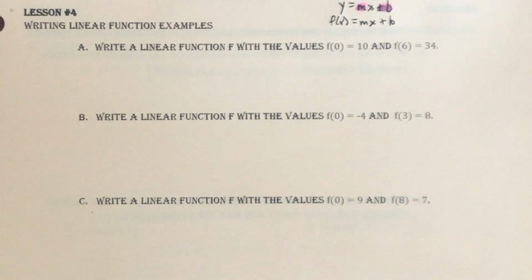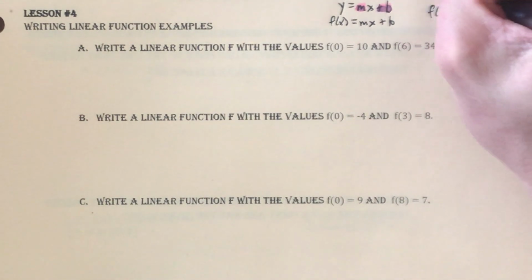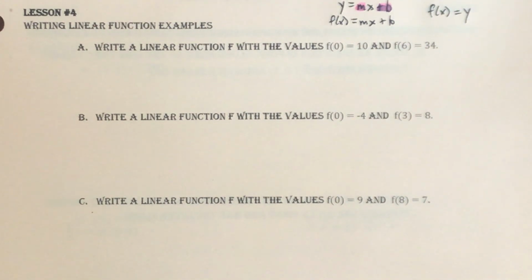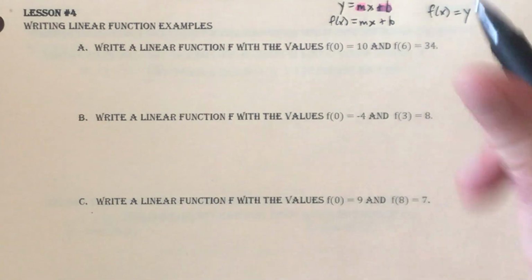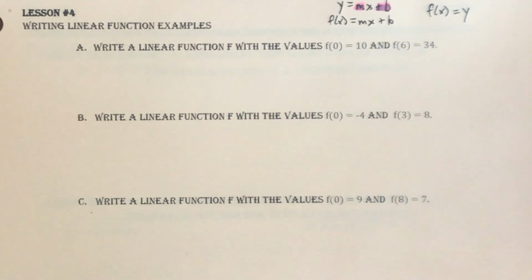Now, if that is true, then what we can actually say here is that f of x is equal to y. And the reason that that is really important is because they both are equal to mx plus b, that means they have to be equal to each other. That helps us understand that when they give us something in a function form, like an f of x, it's really the same thing as y.